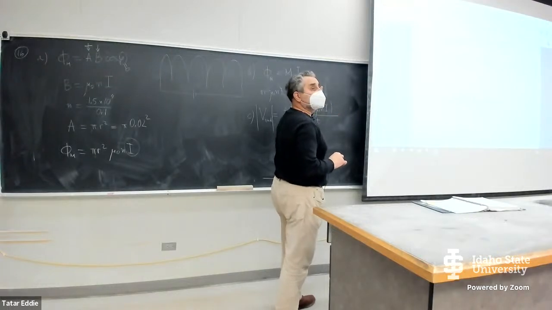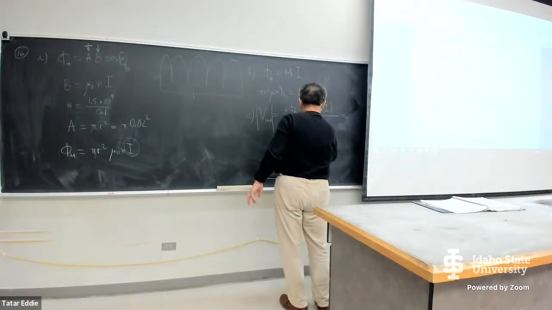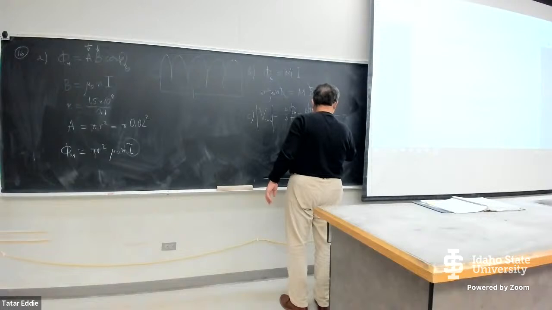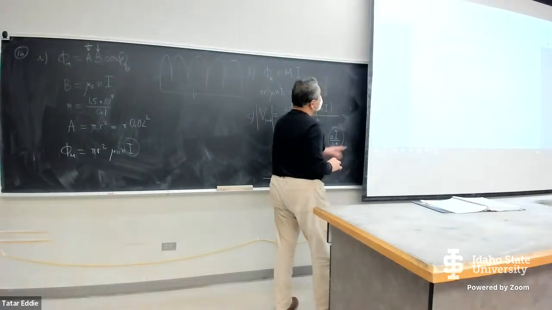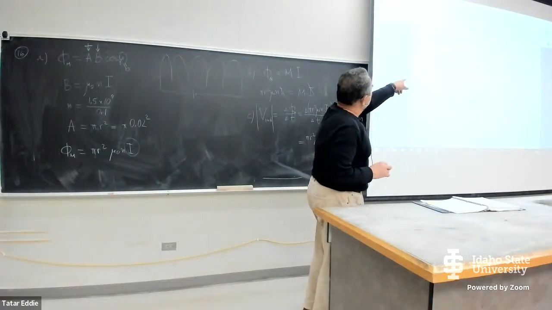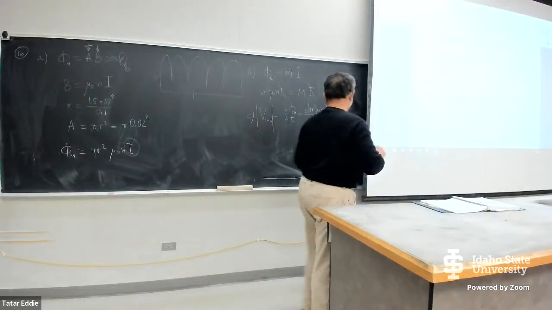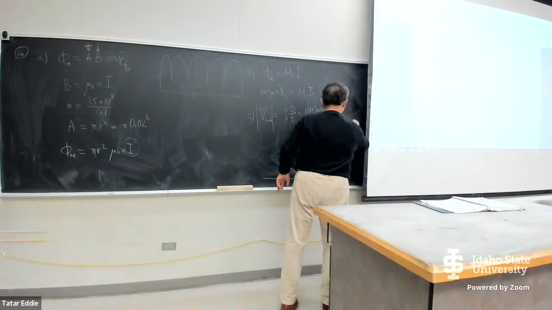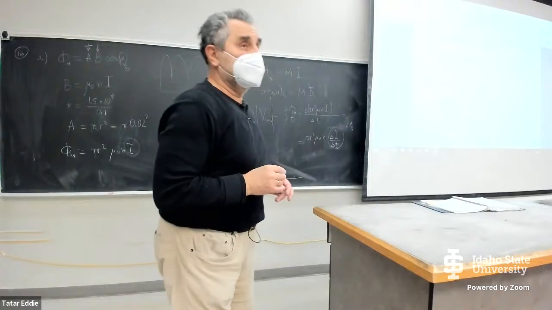They can get out of the delta, and you're going to get pi r squared mu naught times n, and you're going to have delta I divided by delta t, which is given in the problem. It is 6 amperes per second. And everything else is known. You have to do the multiplication.